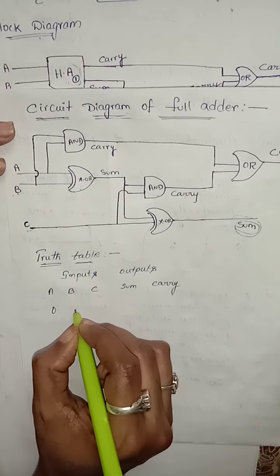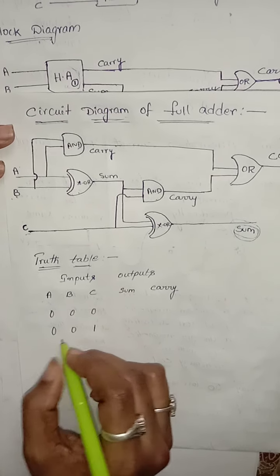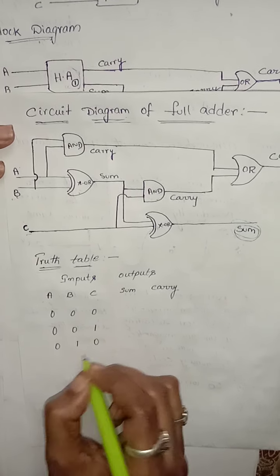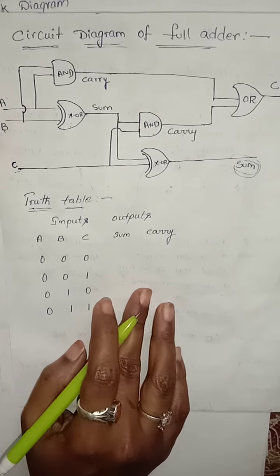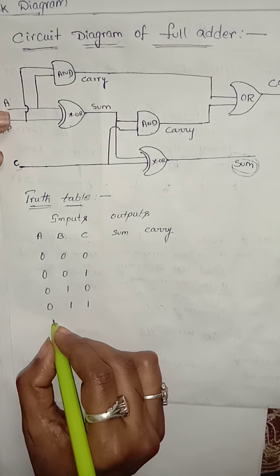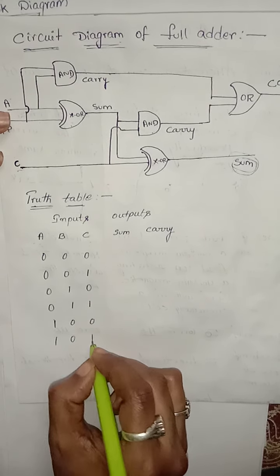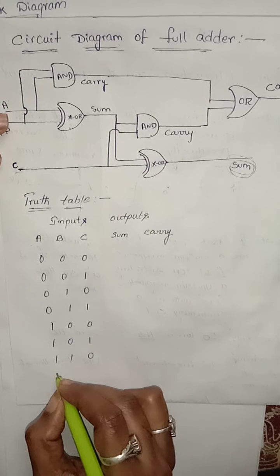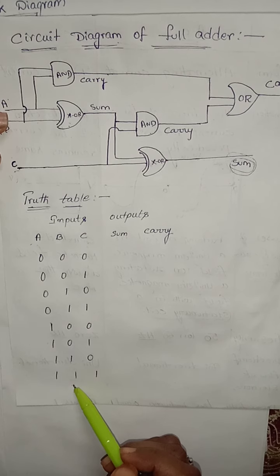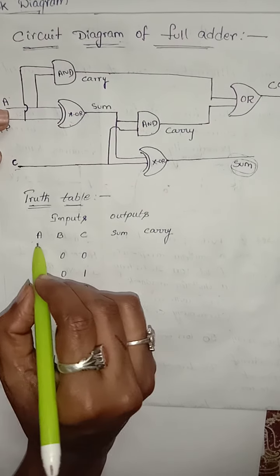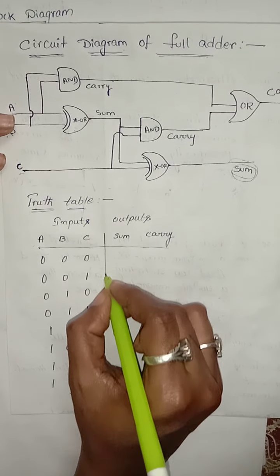How? 000, 001, 010, 011, 100, 101, 110, 111. That means 0 to 7, 8 ways.